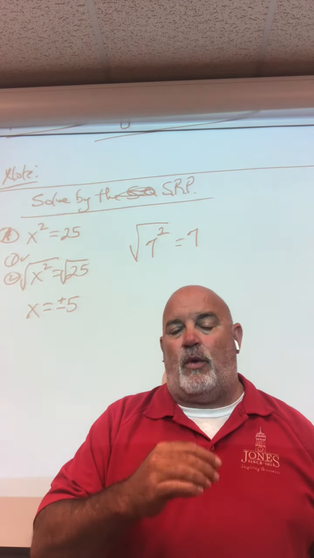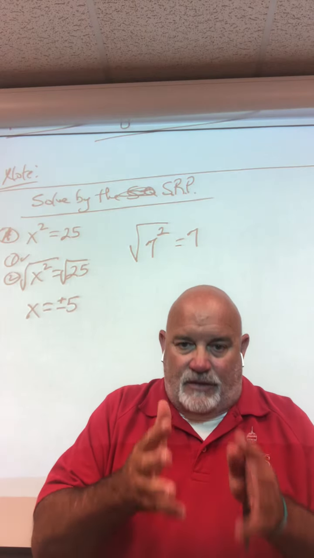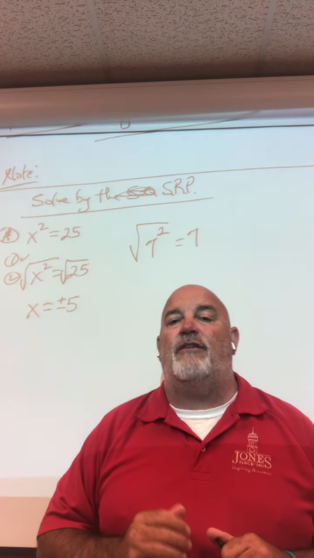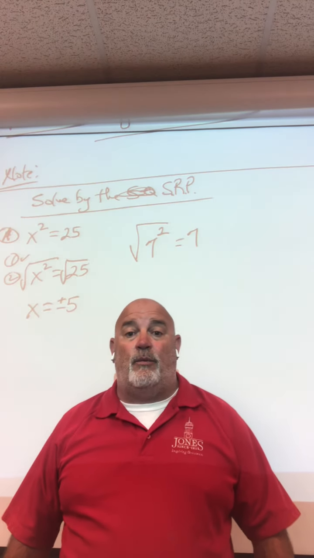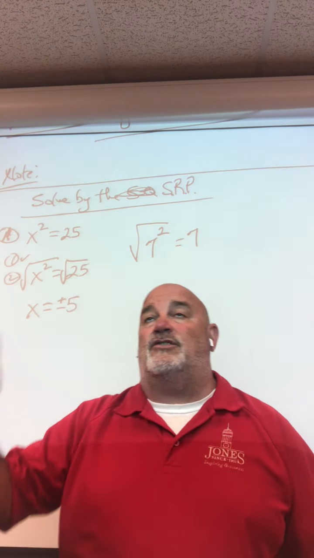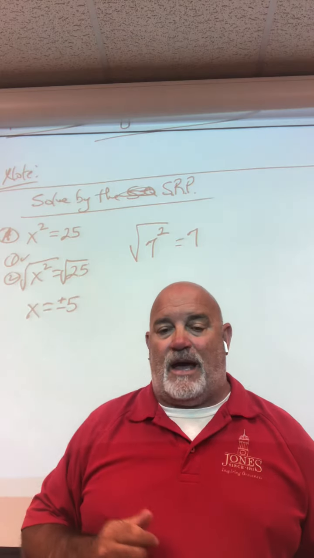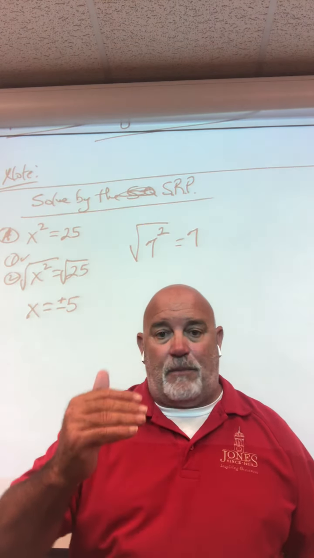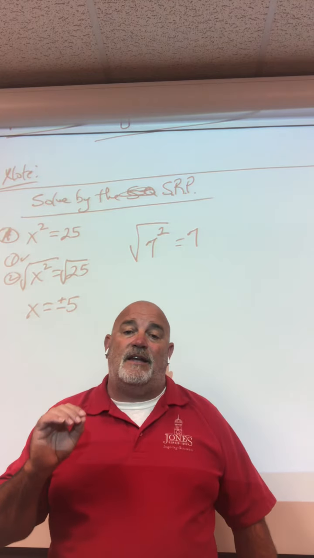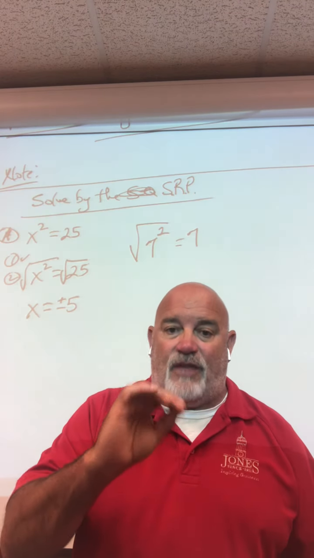A principal square root is a square root that is already on the page for you. So that's why in all those problems a while ago where we reduced square root of 48 and square root of 50, I didn't put plus or minus in front of those. Square root of 16 I said was 4. I didn't put plus or minus. The reason is the square root was already there on the page.